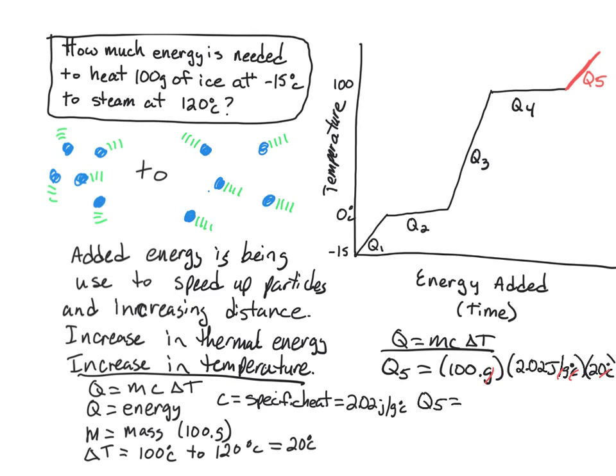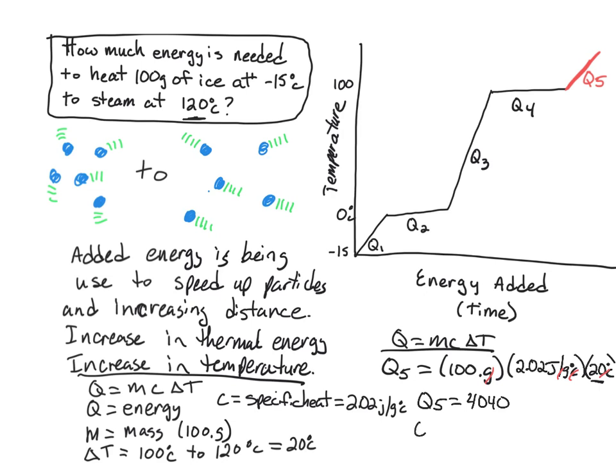And that's going to give me a calculator answer of 4,040. Now, the number 120 came from my question, so this right here is going to set my significant figures. There are two significant figures in 120, so I need to be sure I have two significant figures here.